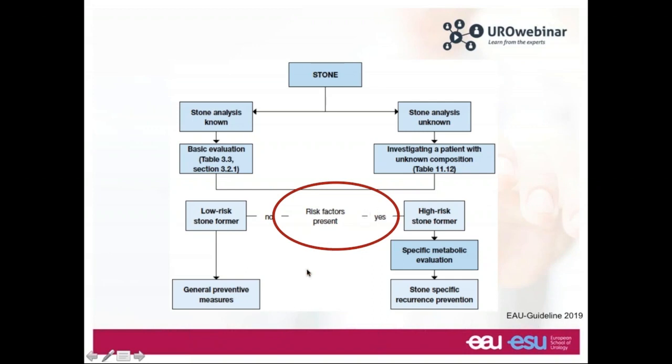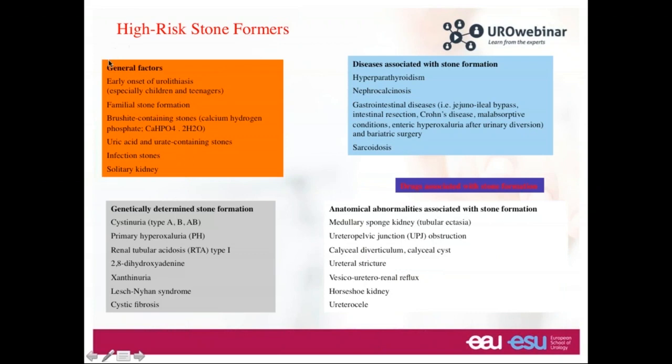But what we are saying about the high-risk stone formers, once again, through the guidelines: the general factors as we discussed, the genetic diseases, the diseases associated with stone formation, the medication that the patient is taking, and of course, if there are several anatomic abnormalities, then the next step is to do a specific metabolic evaluation.